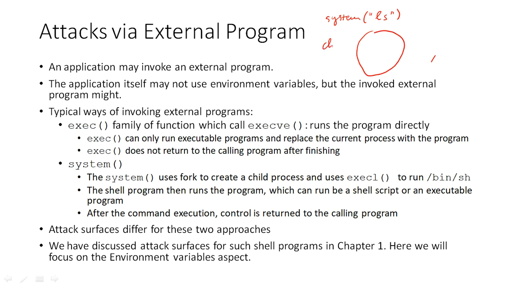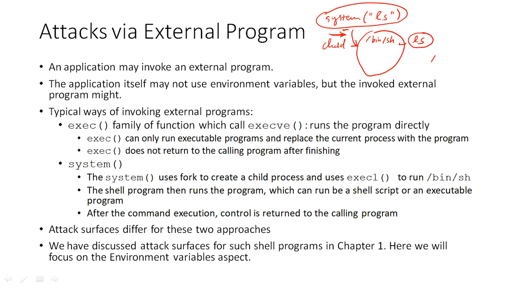This is a child process, and this child process runs /bin/sh, running a shell, and the shell runs the command ls, and that's how ls is run by this system call. So actually the child process will inherit all the environment provided by the parent process, and this is the way an attacker can try to manipulate our system.